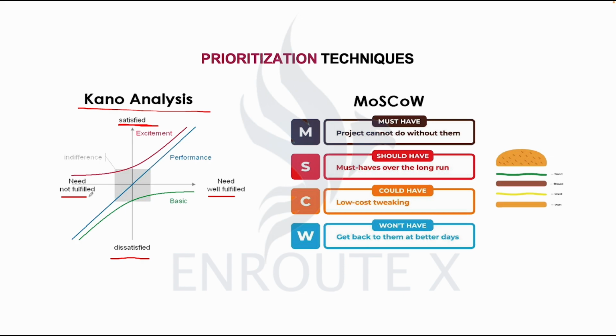Then we have indifferent quality, and there's what we also call the reverse quality. Reverse quality focuses on what will make the customer not to be satisfied. We want to ensure that a feature that would make a customer not satisfied is not added to the development.